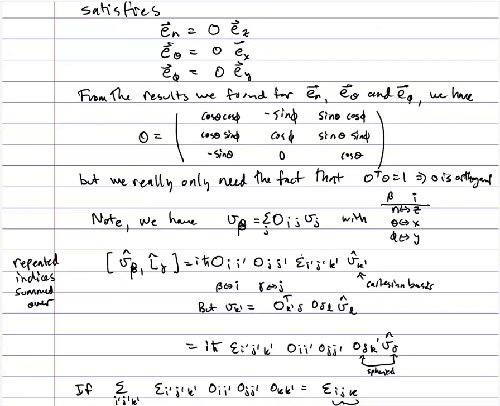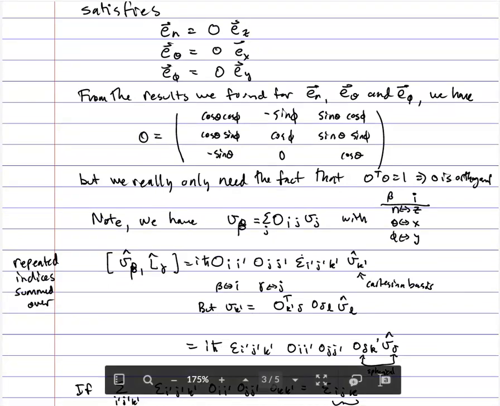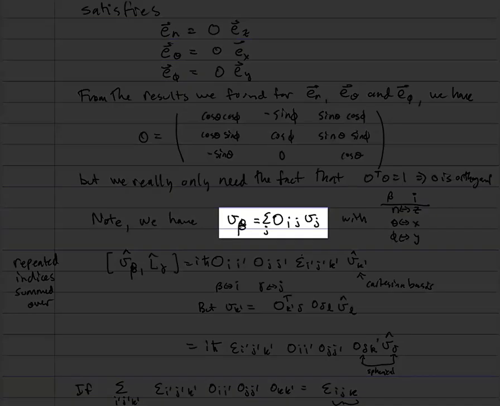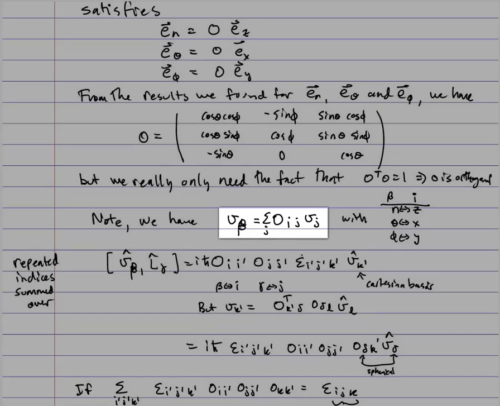So now let's see how we make this transformation from the Cartesian system to our new system. Well, V_beta is equal to the sum over j of O_{beta j} V_j. I wrote it as O_ij V_j, but you really should be thinking of it as O_{beta j} V_j.